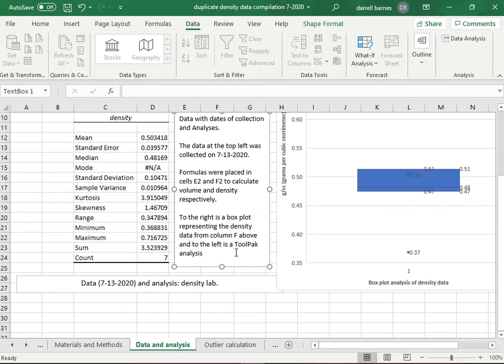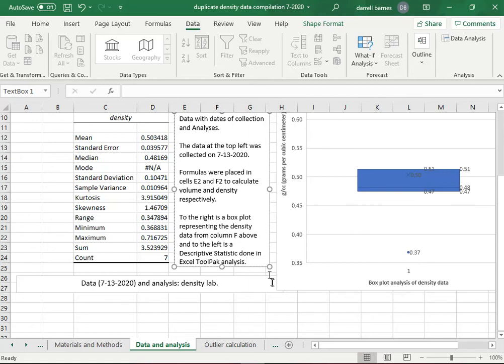A descriptive statistic done, not sewn, done in Excel tool pack analysis. Performed, done.